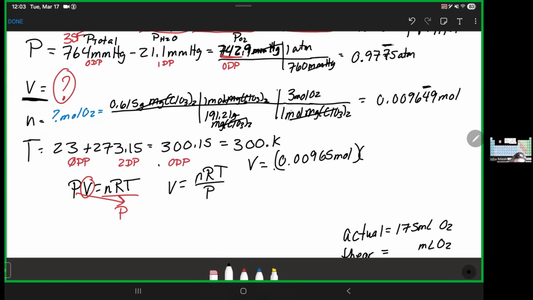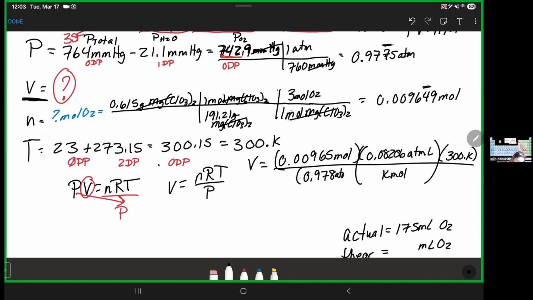And my R value, because R has a top and a bottom, I just put it as a top and a bottom. I put my K-mole on the bottom because then I can see my units canceling. My temperature was the 300 K, and my pressure was the 0.978, rounded. If you look, our moles cancel, K's cancel, ATMs cancel, and you're left with a volume, which is what you're looking for.